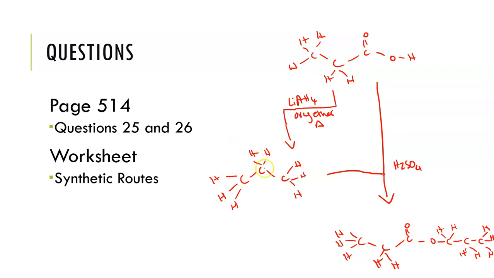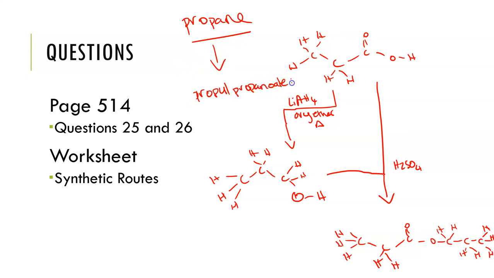Or better still, can you suggest a pathway starting from propane? How we would manufacture and get through to propylpropanoate. Of course, this is going to be a much longer synthetic pathway.